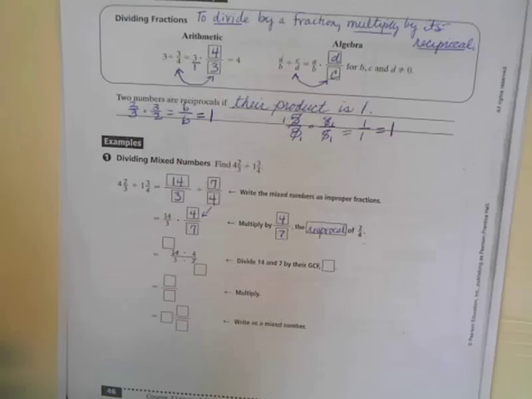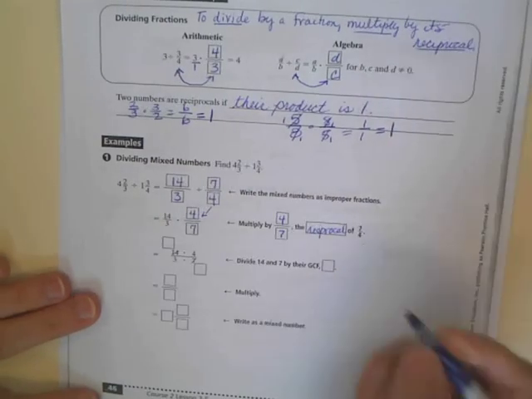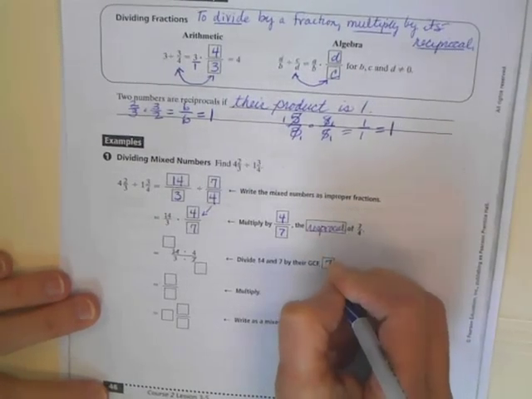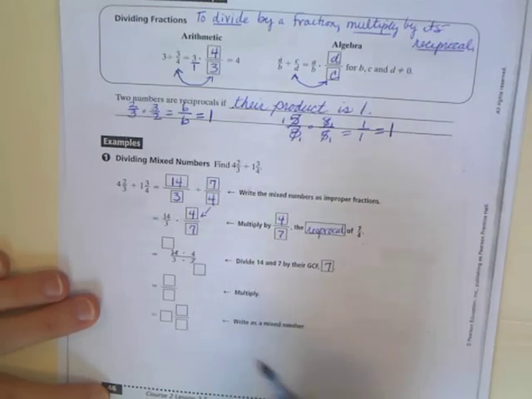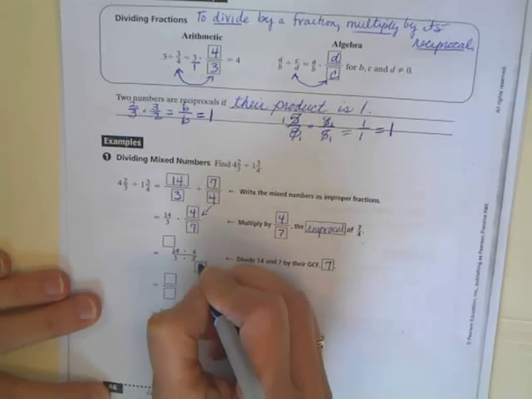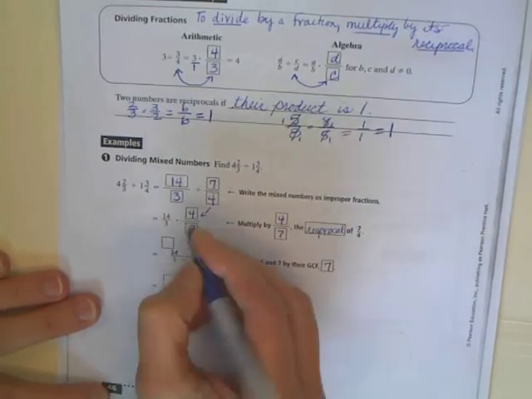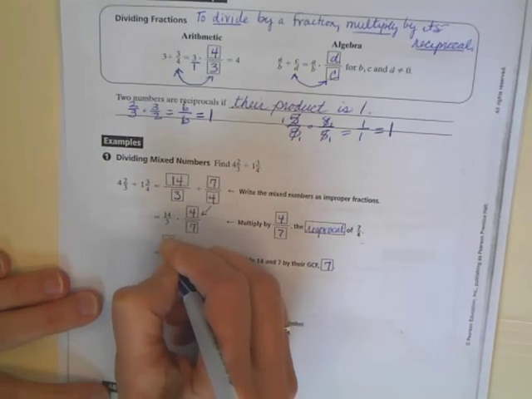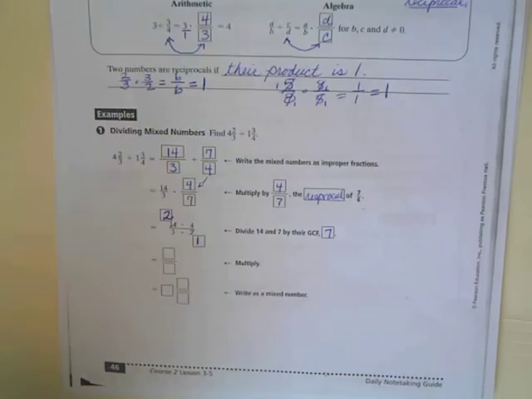Now we can simplify the 14 and the 7 by their greatest common factor of 7. 7 divided by 7 is 1. 14 divided by 7 is 2. Again, remember, I'll probably refer to that as cross-canceling rather than simplifying.